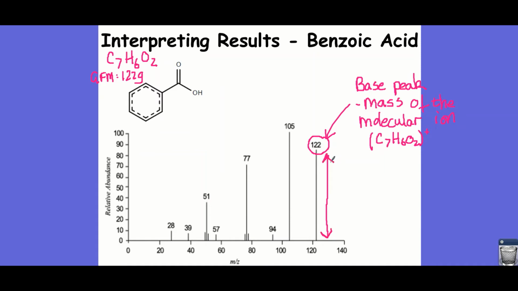Now, if you look, the height of the base peak is quite high. It's shown a high relative abundance, and that's quite significant because it tells you that it doesn't fragment very easily.